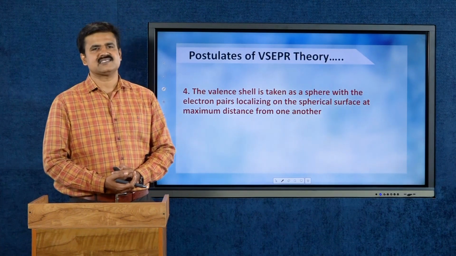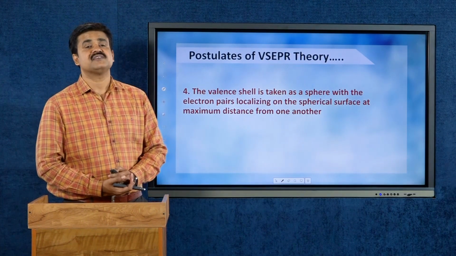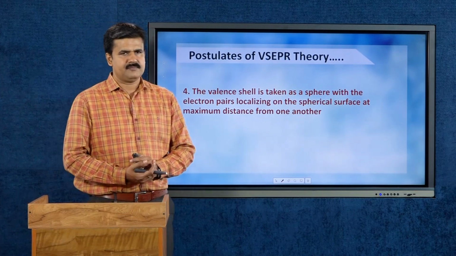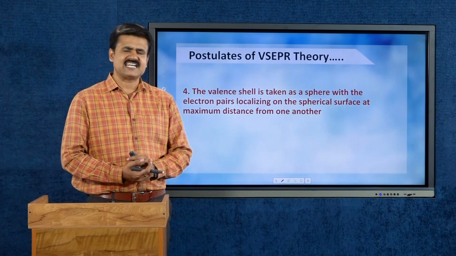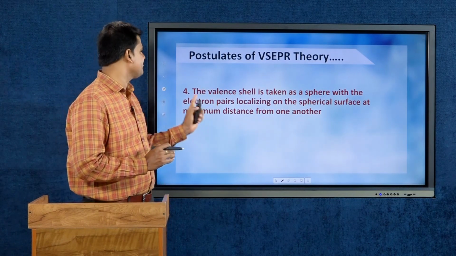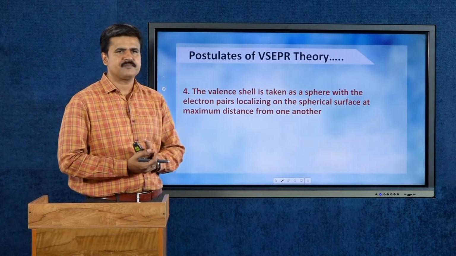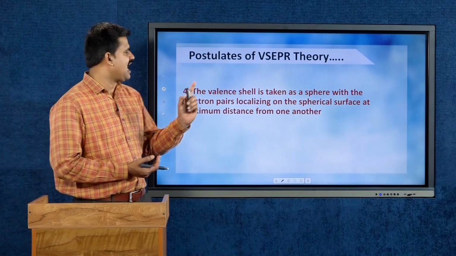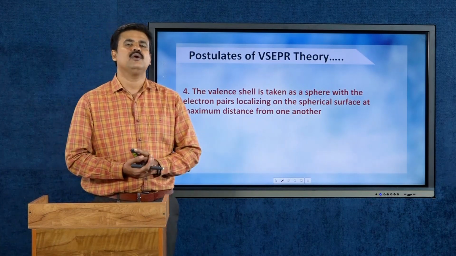We are now discussing the fourth postulate of the VSEPR theory. The valence shell of the central atom in a molecule is taken as a sphere with electron pairs localizing on the spherical surface at maximum distance from one another.